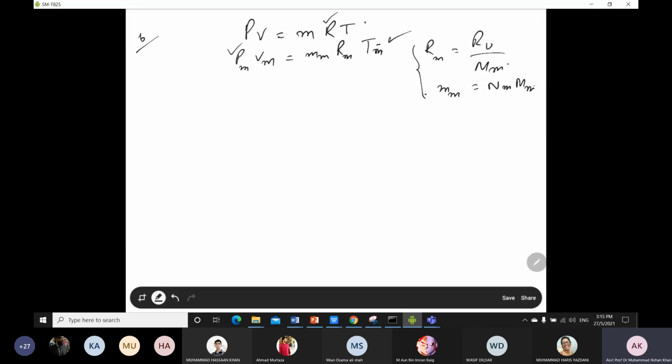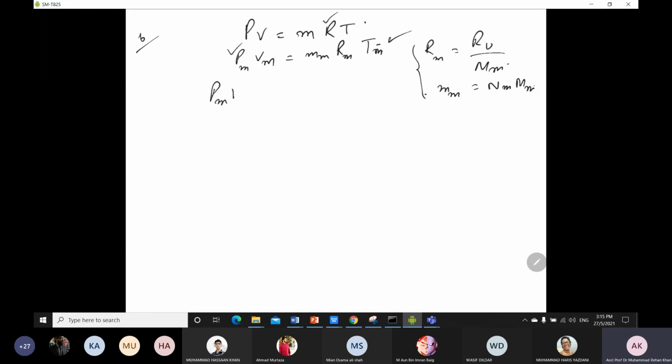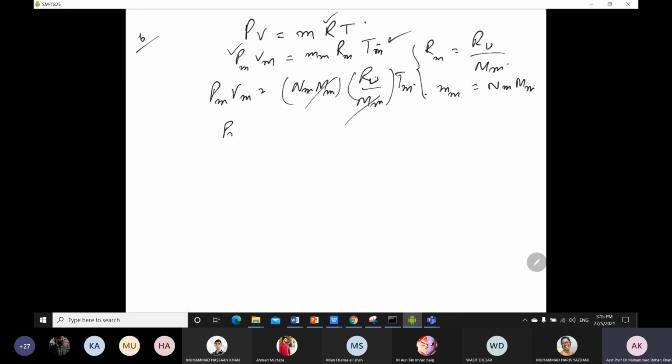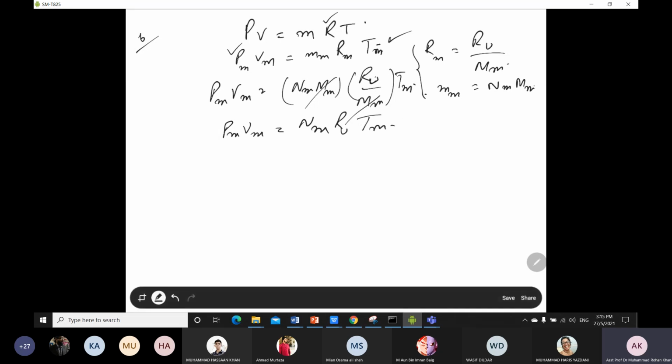So Pm Vm equals Nm Mm Ru over Mm times Tm. From here we can eliminate the molar mass of mixture term, and we can say Pm Vm is equal to number of moles of mixture, universal gas constant, and temperature of the mixture. This is the relation we have to use to find the pressure of the mixture.